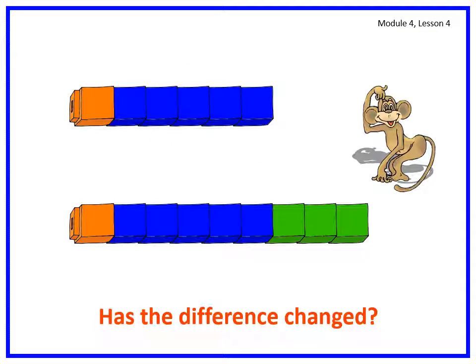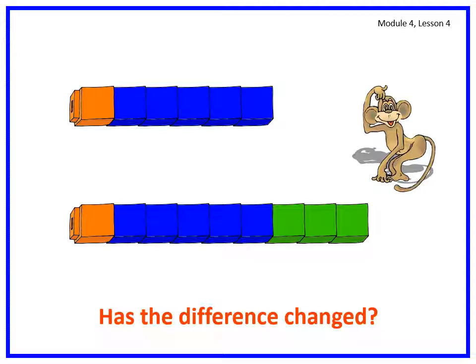Let's take a look at this problem. On the top, I still have my 5 blue. On the bottom, I still have my 5 blue and my 3 green, but I've added a new cube to each. So big thinking question here. Has the difference changed?